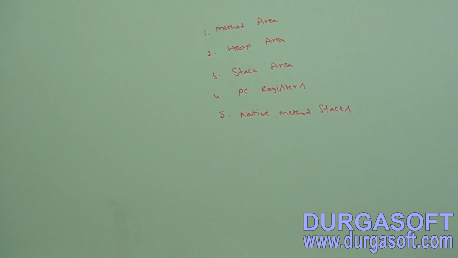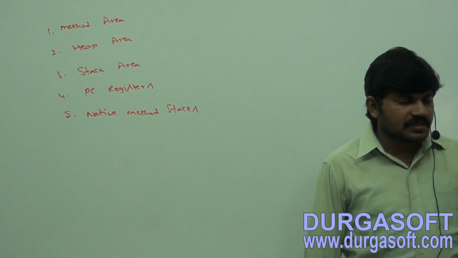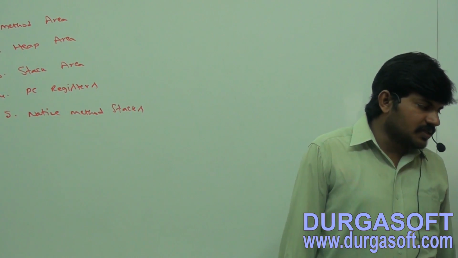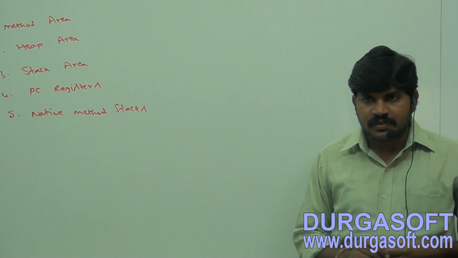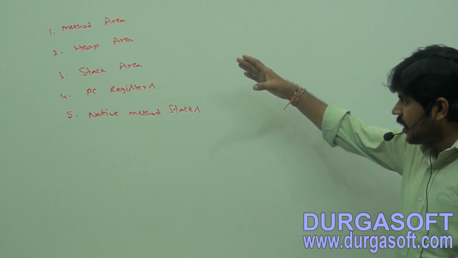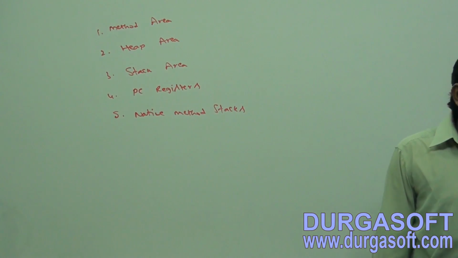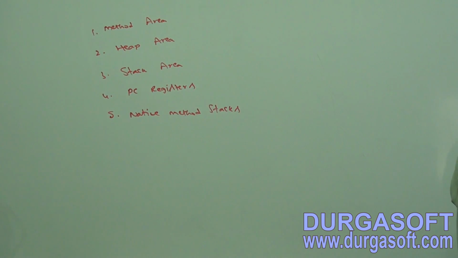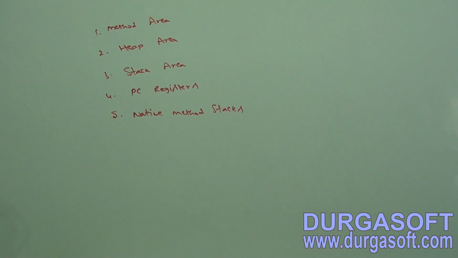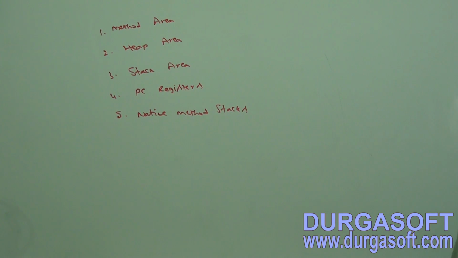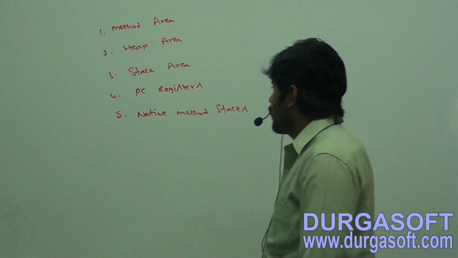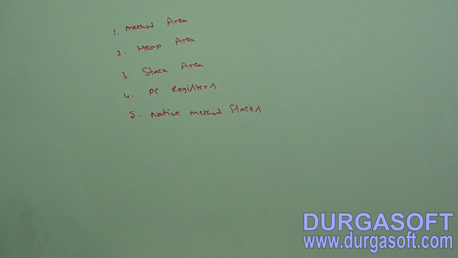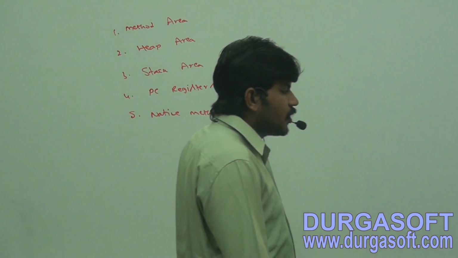First, method area, heap area, stack memory, PC registers, and native method stacks.